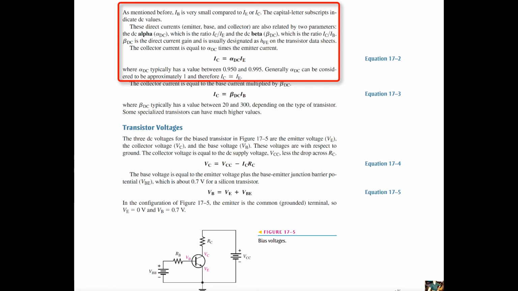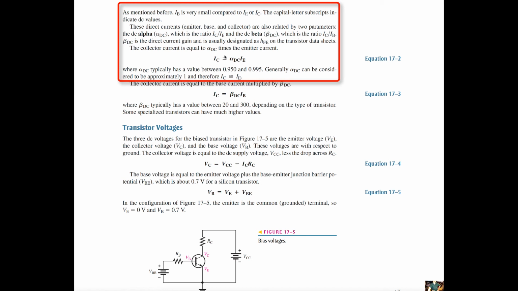The DC alpha, or alpha DC, which is the ratio of the collector current to the emitter current, and beta DC, or DC beta, which is the ratio of collector current to base current. Beta DC is the direct current gain and is usually designated as hFE on transistor data sheets. The collector current is equal to alpha DC times the emitter current.